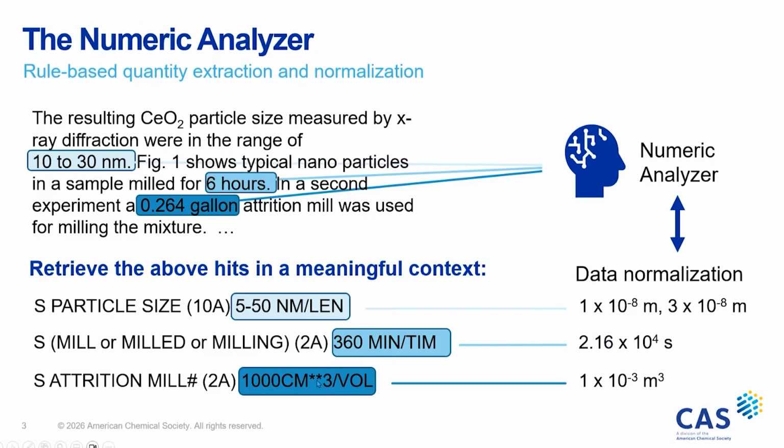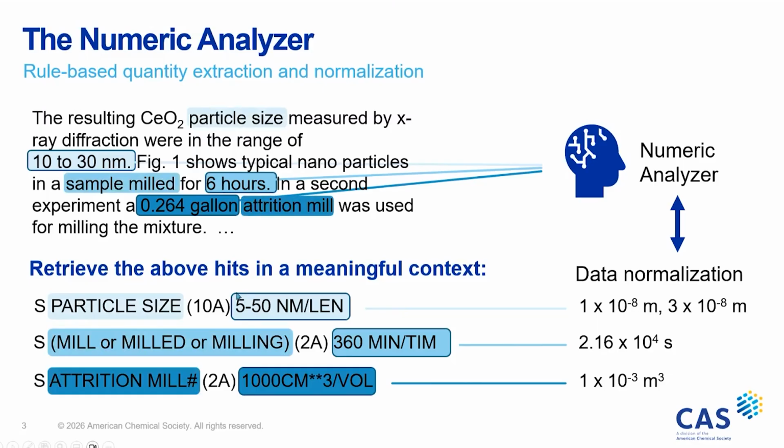So I'm searching with cubic centimeters, but I'm actually finding the information as highlighted in the text. Finally, this is how the system displays that, although it is a different unit. With this data normalization step in the background, which I think is quite important and very helpful for this algorithm, you're independent of the units that the author utilized in the original text, be it a non-patent literature source or a patent.